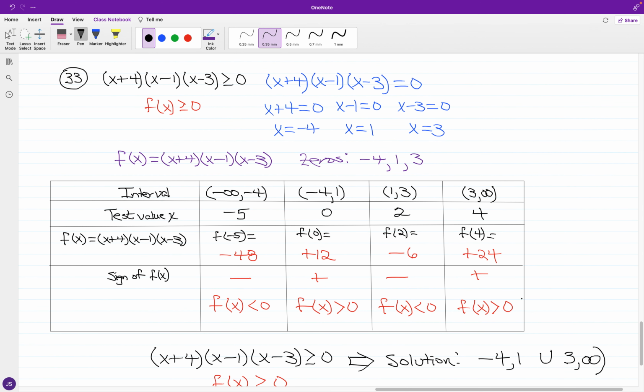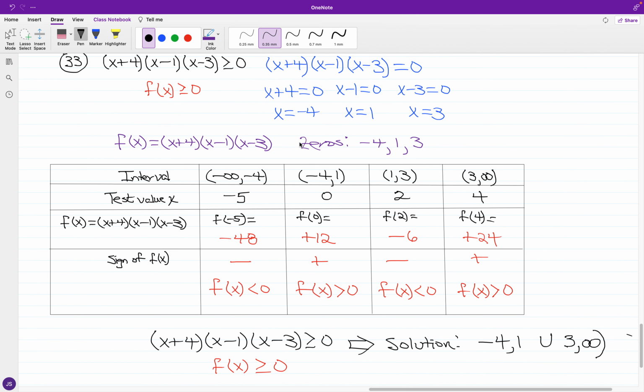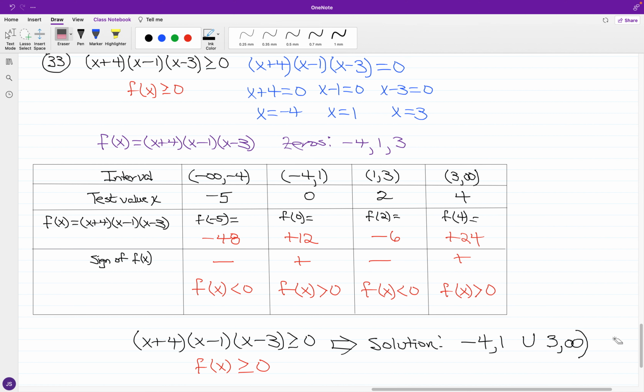And since we have the equal to 0 part made possible by -4, 1, and 3, those three numerical values are included in the solution. And so we're going to have brackets to contain these numbers. And so that'll be an interval solution for this problem.